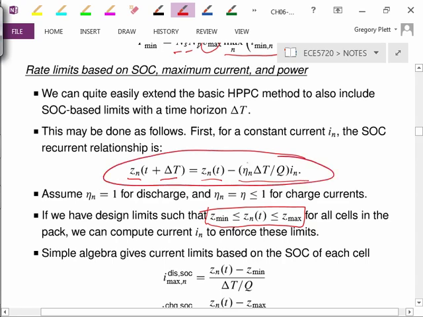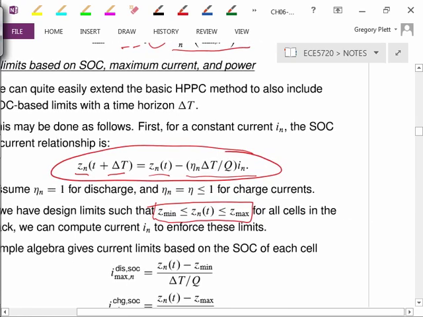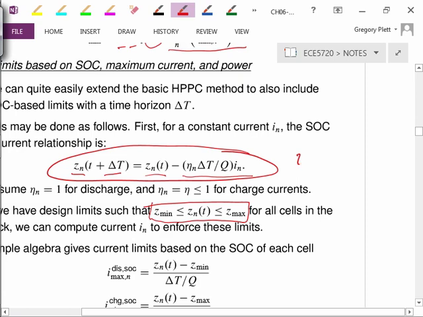So take this equation and solve for current. I have Zn of t plus delta t minus Zn of t over eta delta t over Q equals minus In.